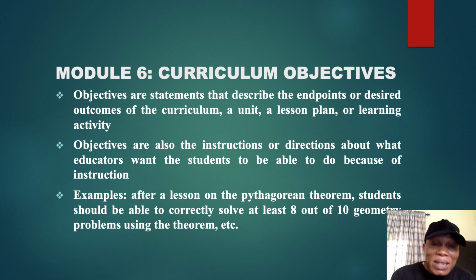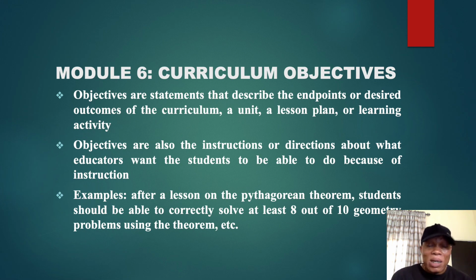At the end of the lesson, students should be able to differentiate between igneous, sedimentary, and metamorphic rocks. After a lesson on the characteristics of triangles, students should be able to identify triangles by correctly choosing paper triangles out of a selection of other 2D shapes at least 8 out of 10 times.